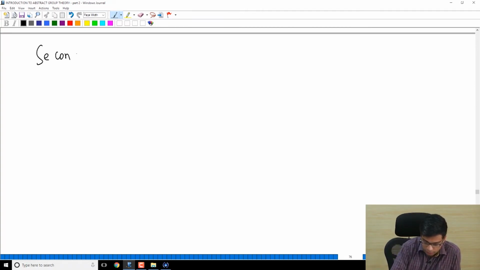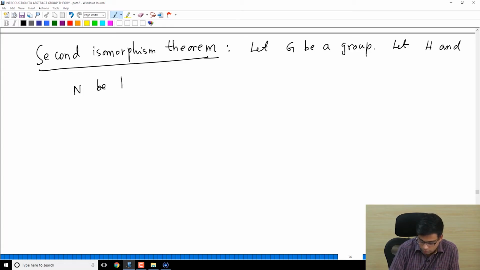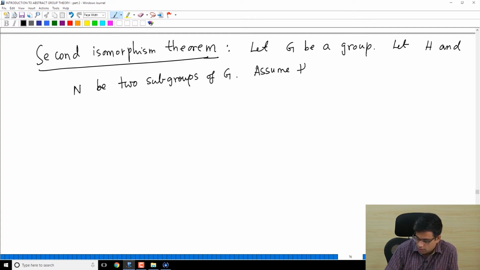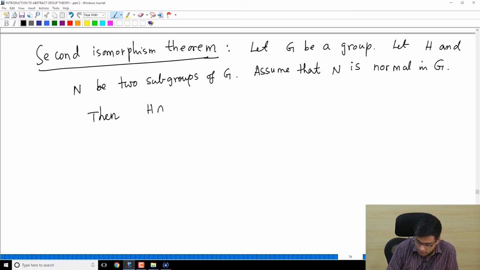So the second isomorphism theorem says the following: let G be a group, and consider two subgroups of G. Let H and N be two subgroups of G. Assume that N is normal in G. I am not assuming anything about H other than that it's a subgroup, but I am assuming that N is actually a normal subgroup of G. Then the second isomorphism theorem says the following.